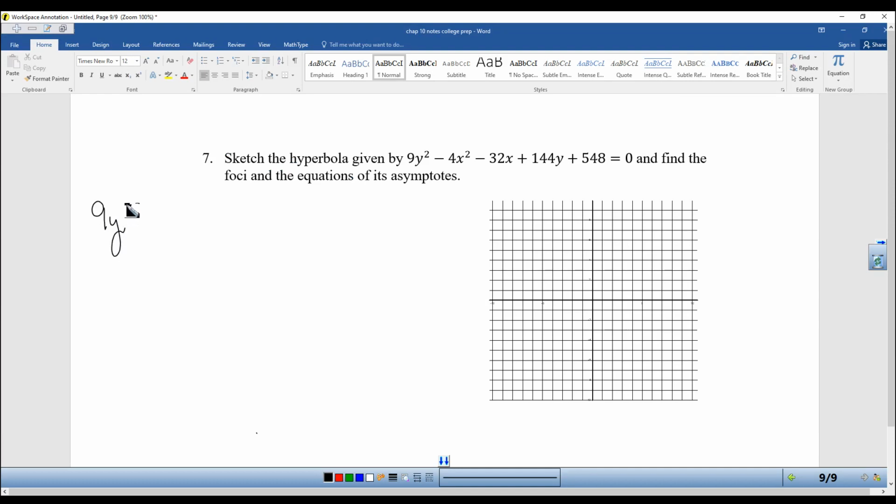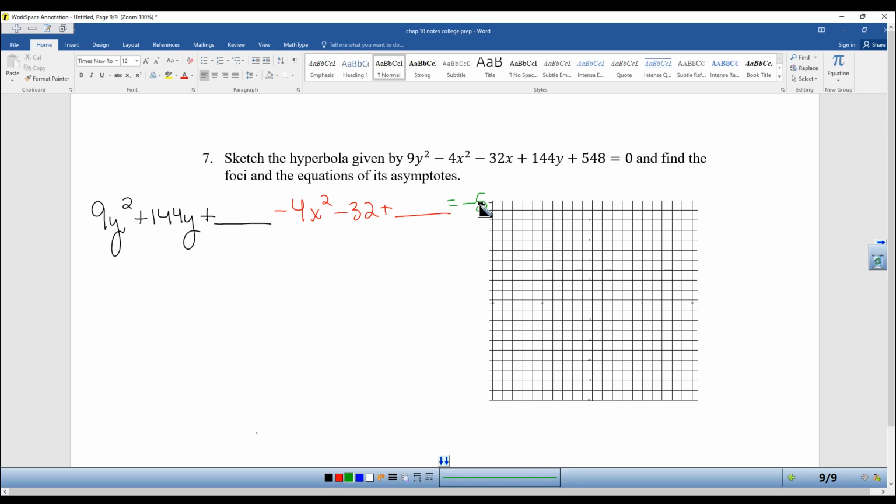I'm going to put the y's together, 9y squared plus 144y plus blank. I'm going to put my x's together, minus 4x squared plus minus 32x. And then whatever's left, I'm going to put on the other side, which is that 548.